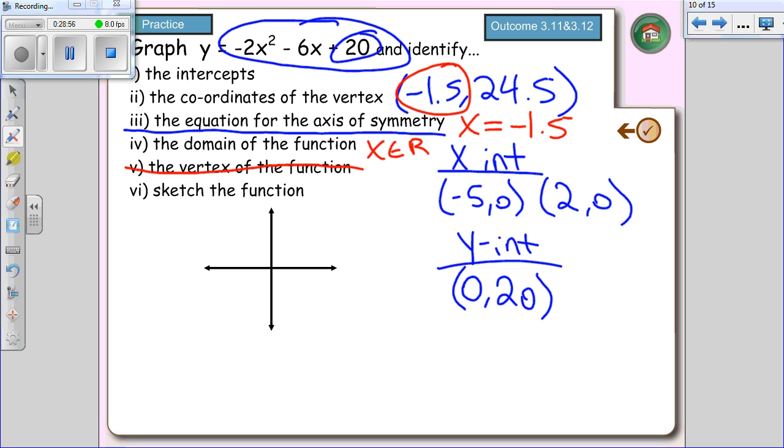And that's going to be y, and it's less than or equal to, because we have a maximum point, so y always has to be less than the maximum. And your maximum was 24.5. And y is also an element of the reals. That just means it has to be a real number, but it has to be less than 24.5. And finally, let's sketch our graph.